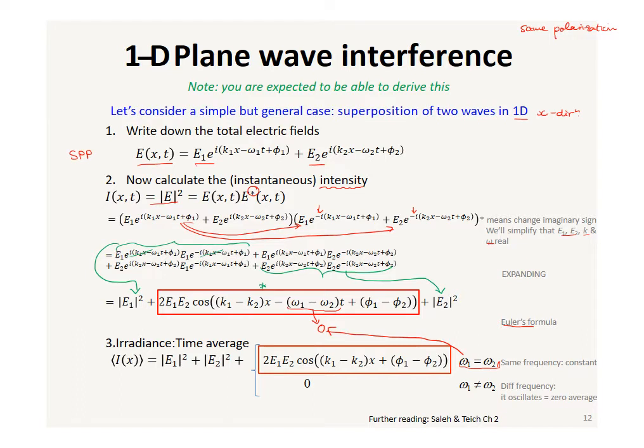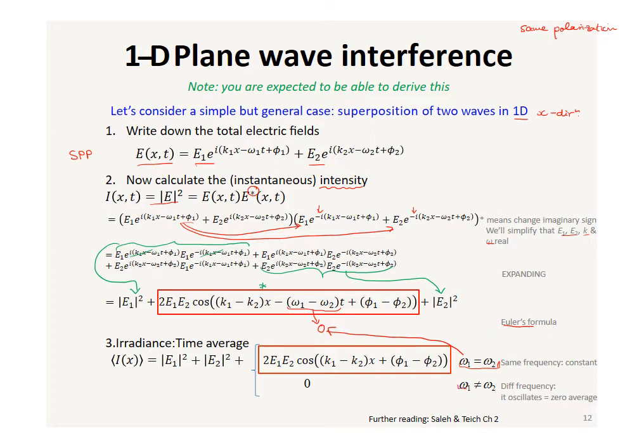So what that means is that there is no longer a time dependence in the irradiance pattern. So you can see that time does not occur inside the cosine. So there is going to be a pattern, but it's going to be stationary.